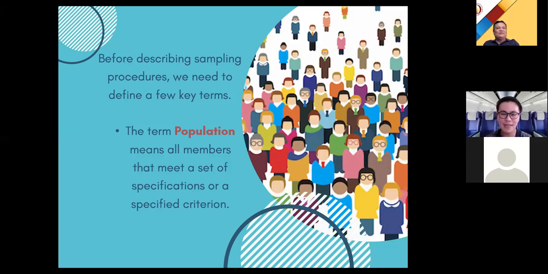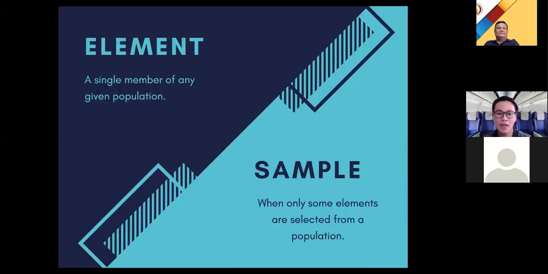Anumang klase, mapabata man, mapamatanda, masingle, married, so that they are part of the population. So element, a single member of any given population. So ito yung representation, a single element from the population. Whereas the sample is when only some elements are selected from a population.